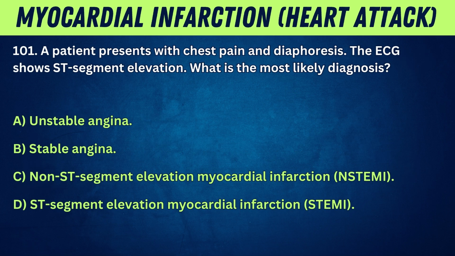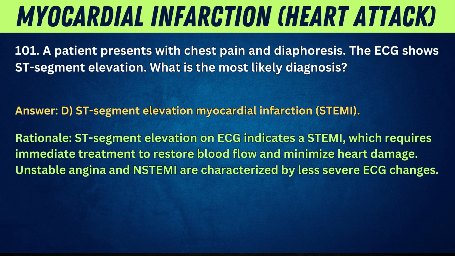101. A patient presents with chest pain and diaphoresis. The ECG shows ST segment elevation. What is the most likely diagnosis? A. Unstable angina. B. Stable angina. C. Non-ST segment elevation myocardial infarction, NSTEMI. D. ST segment elevation myocardial infarction, STEMI.